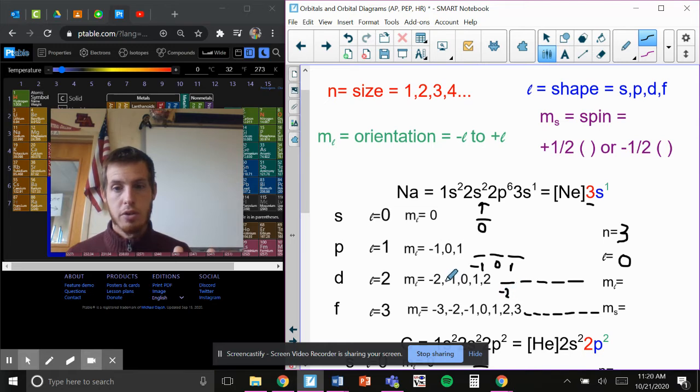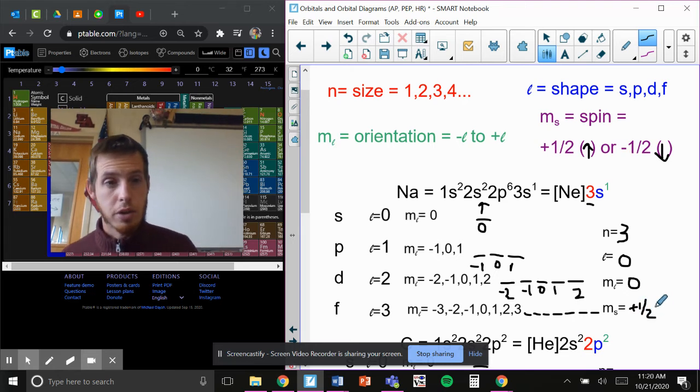For d, there are 5 numbers, 5 values. So it lines up. So here, there's only one electron in that spot. It's 0. Because it's going up, our spin is positive 1/2.